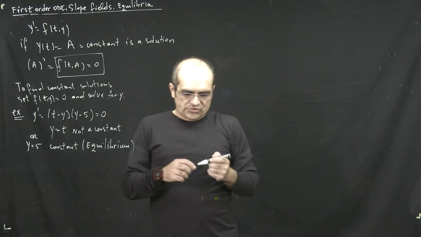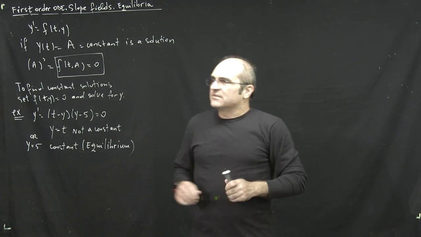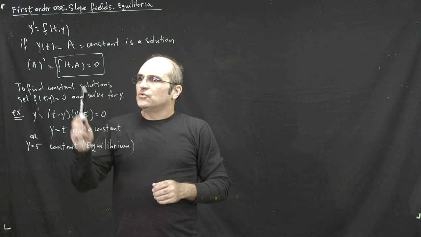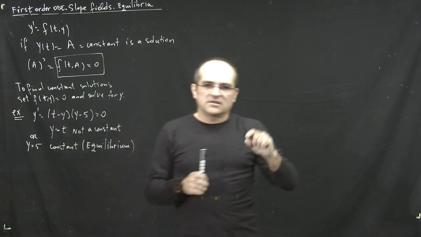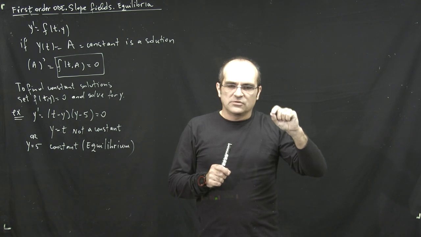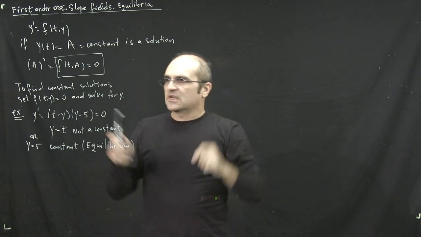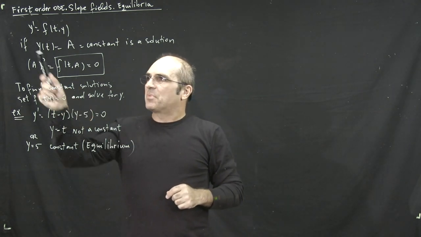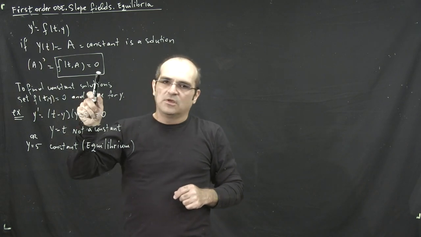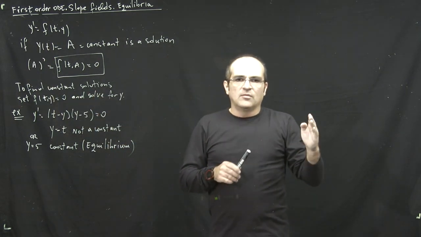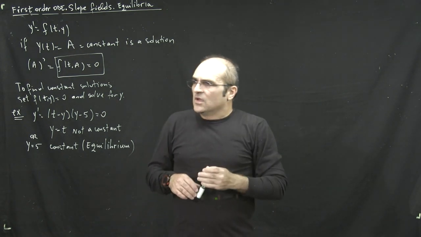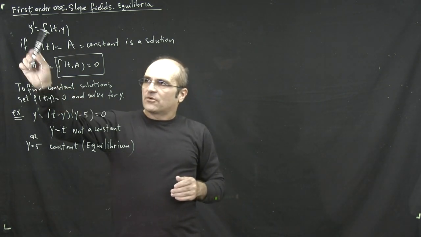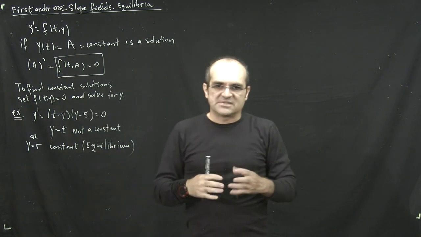The term equilibrium solution is used because, think about this, suppose you start at a point and then the solution approaches a constant solution. When that happens, the derivative becomes 0, which means that there is no more motion, right? The function neither increases nor decreases, which means whenever the derivative is 0, the dynamic stops.